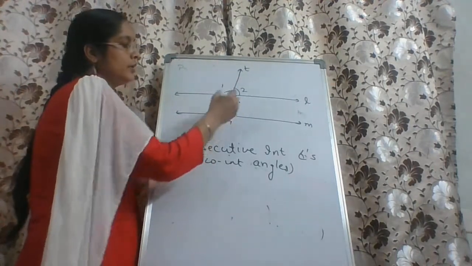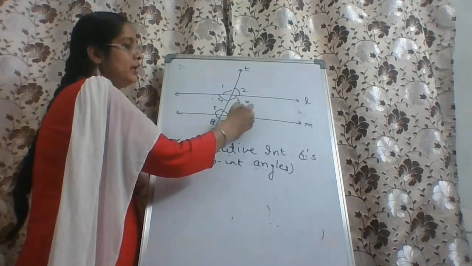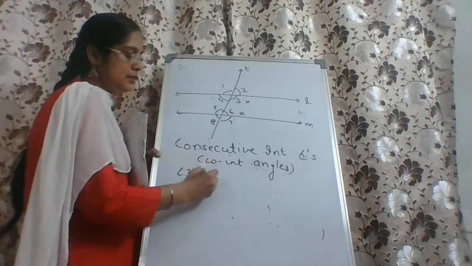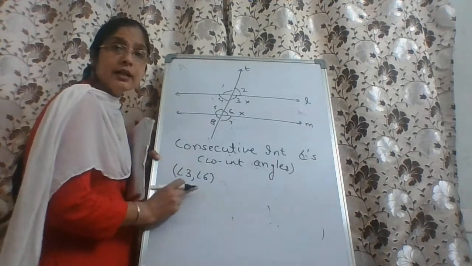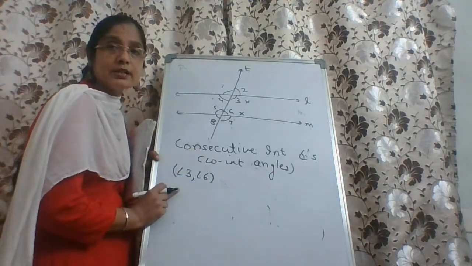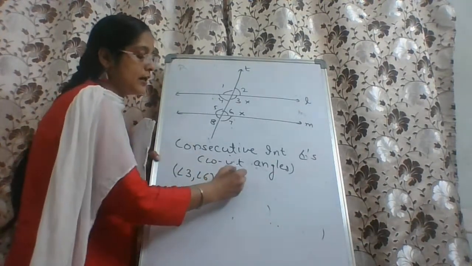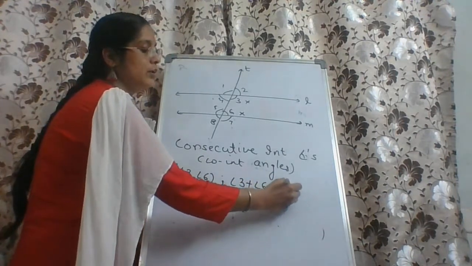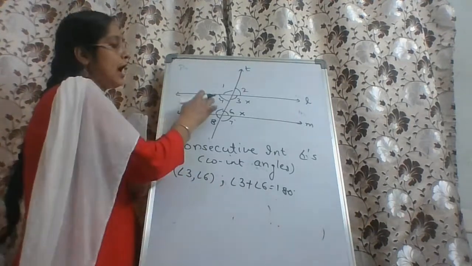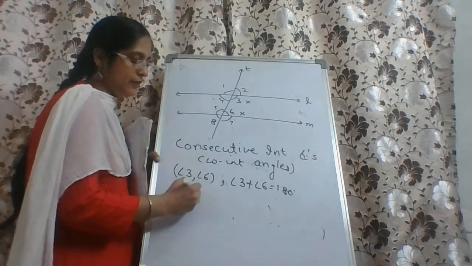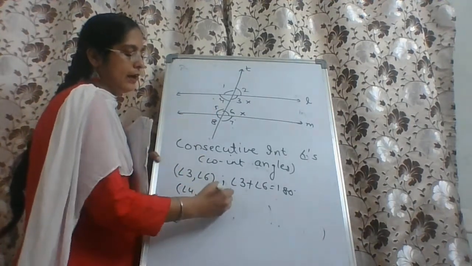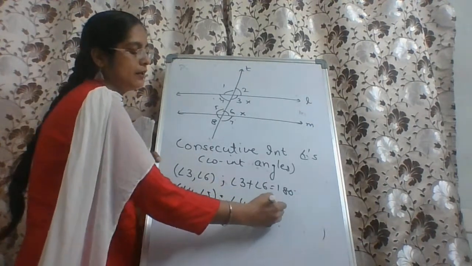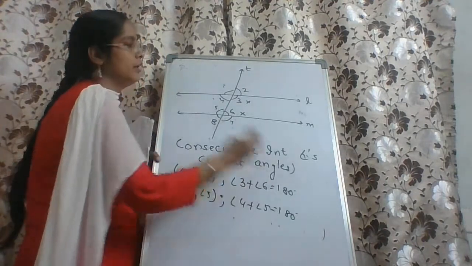Here the consecutive interior angles are angle 3 and angle 6. The condition is the sum is 180 degrees. That means they are supplementary angles. Angle 3 plus angle 6 is equal to 180 degrees. Angle 4 and angle 5, angle 4 plus angle 5 is also 180 degrees.